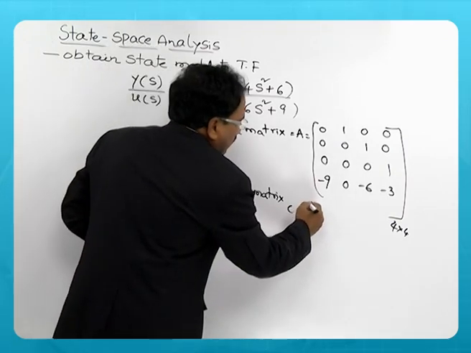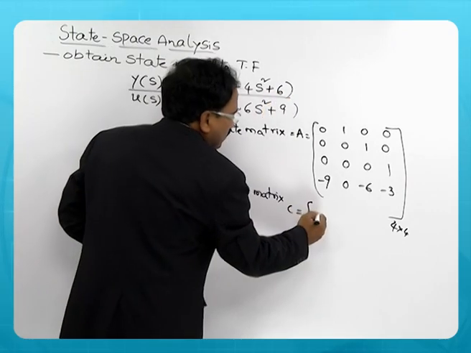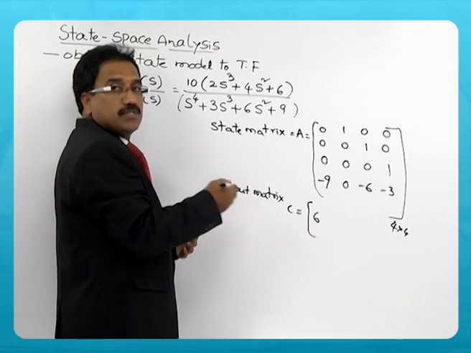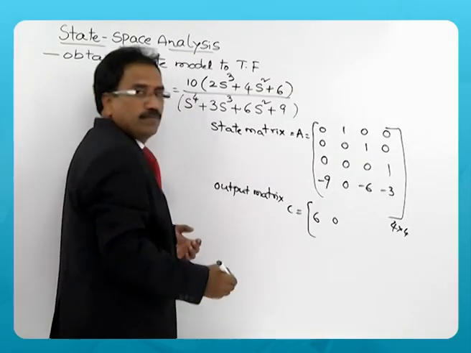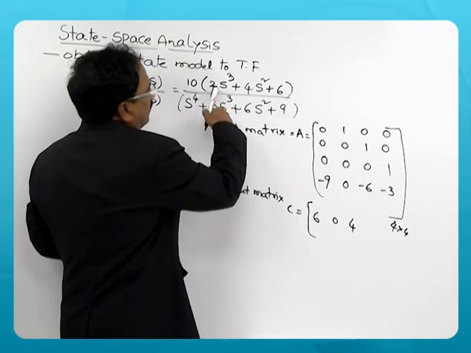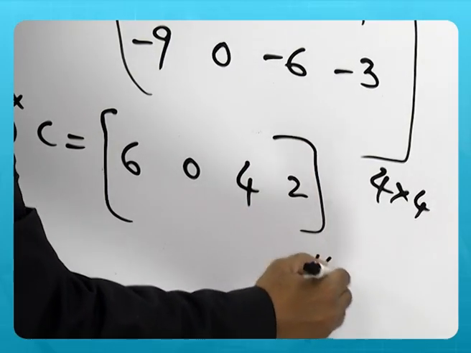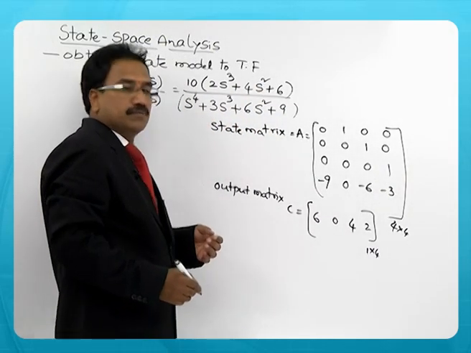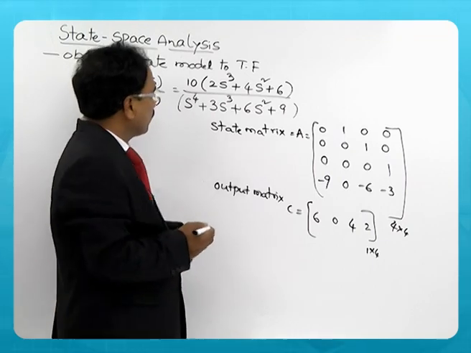So no sign change here in the output equation. Starting from 6 s power 0, then there is no s power 1, put 0, and 4, and then 2. So this is 1 cross 4. The dimension of C matrix is 6, 0, 4, 2. It is 1 cross 4.